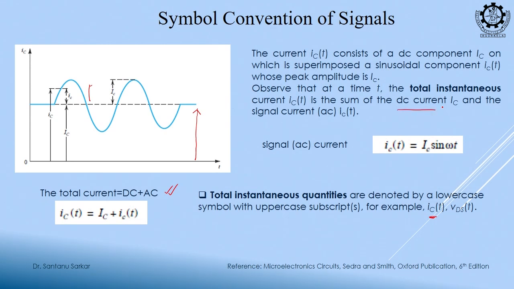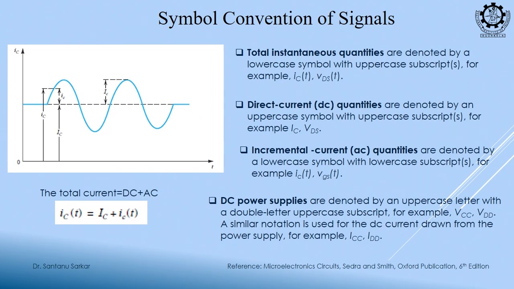If we talk about the DC current, the symbol is capital and the subscript is also capital. And for the AC current, the symbol is small and the subscript is also small. Please remember this notation, we will follow the same convention throughout. So these are the instantaneous quantities, and these are the direct current quantities, uppercase symbol with uppercase subscript.